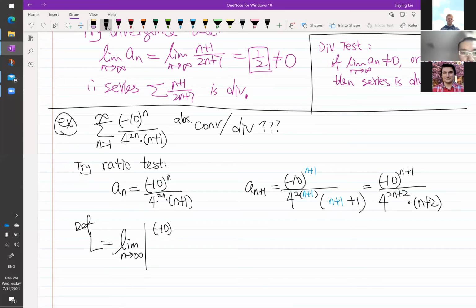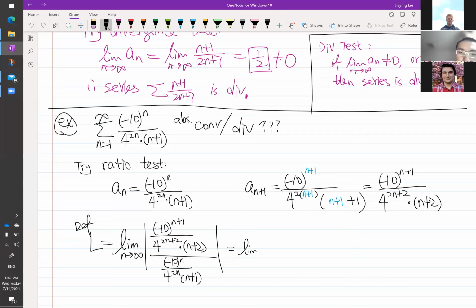So that's negative 10 to the n plus 1 divided by 4 to the 2n plus 2 times n plus 2, and then all divided by a_n, which is negative 10 to the n divided by 4 to the 2n times n plus 1. Even though it looks complicated, with so many terms in the fraction, soon most of them will cancel and give you something simpler.